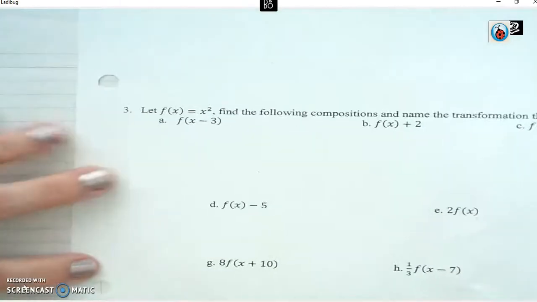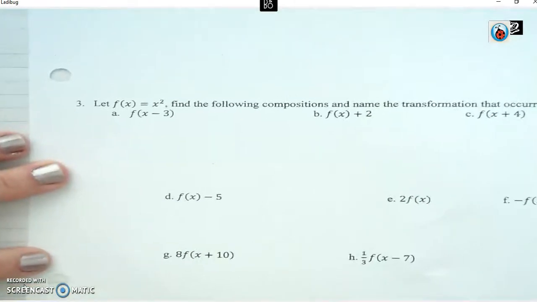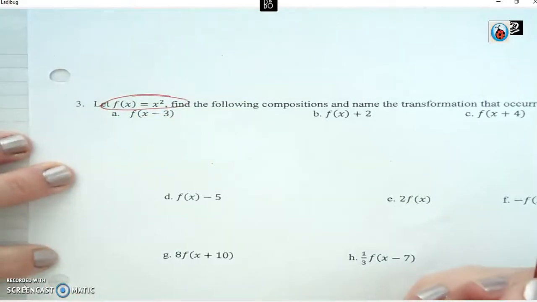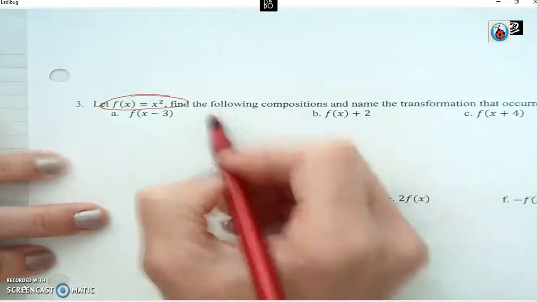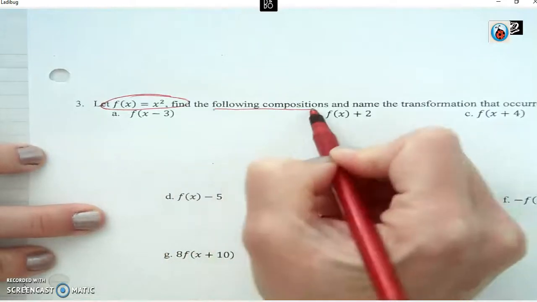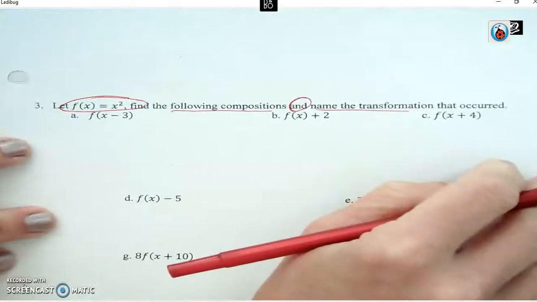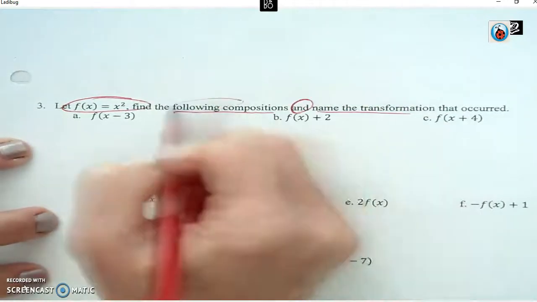All right, let's do one more thing. So once again, you have the parent function, f of x equals x squared. Find the following compositions and name the transformation that occurred. All right, so what do I mean by composition?